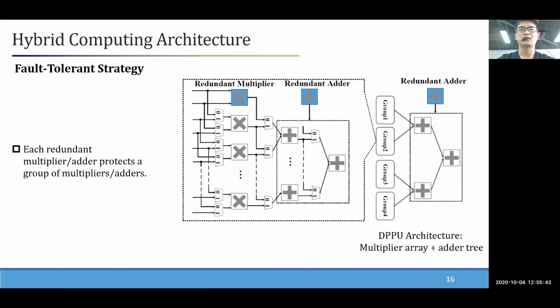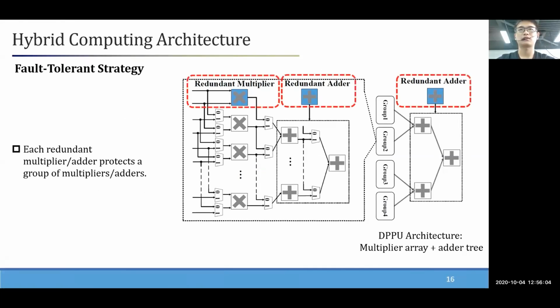Basically, the multipliers used in the DPPU are divided into multiplier groups, and each group is equipped with a redundant multiplier. When any multiplier fails, it can be immediately replaced with its redundant multiplier. Similarly, we also use a redundant design to protect the adders in the adder tree.